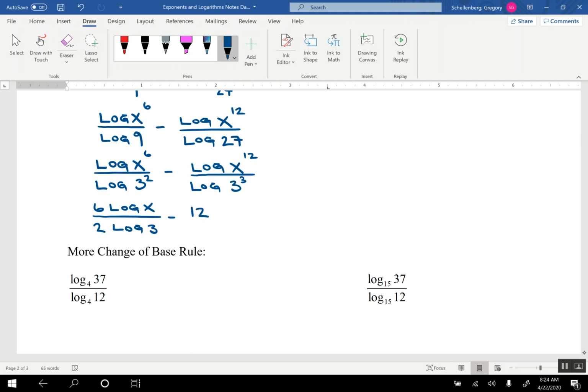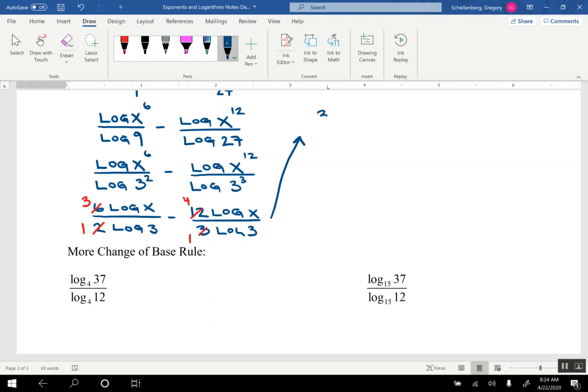Okay, then we've got 12 times the log of x and 3 times the log of 3. Now, we can simplify those coefficients. 6 and 2, we end up with a 3 and a 1. 12 and 3, we end up with a 4 and a 1.